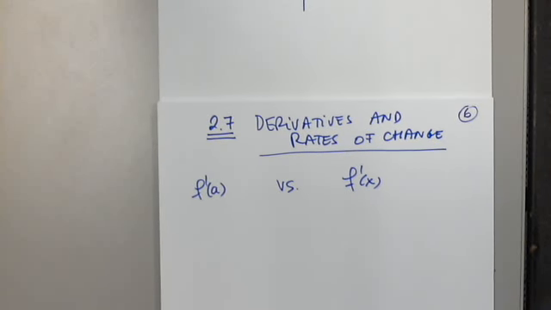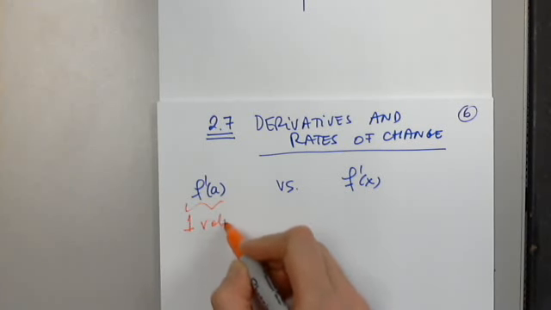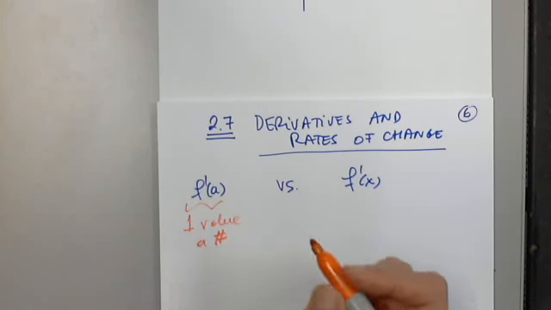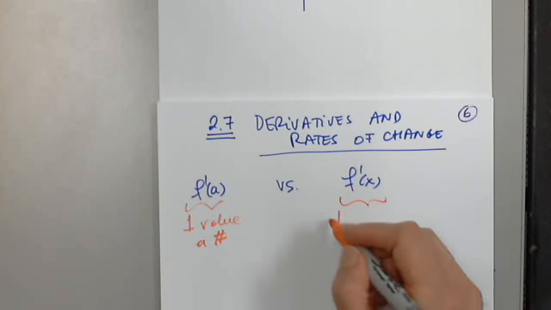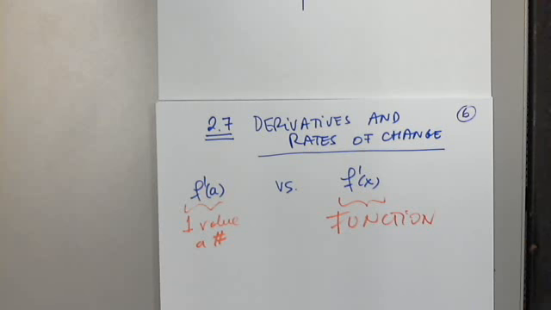Please. F prime of a is just 1 point versus one value, a number. Very good, awesome. Indeed. F prime of x is the function that gives the slope of the tangent line to the graph of a function where it's differentiable.